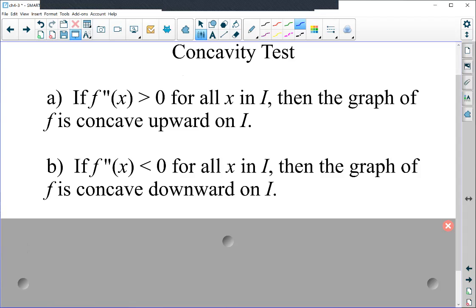If the second derivative is less than 0, if it's negative for all values of x on some interval, then the graph is concave down on that interval. And concave down would be kind of like N-shaped, or the opposite of a parabola, negative x squared.